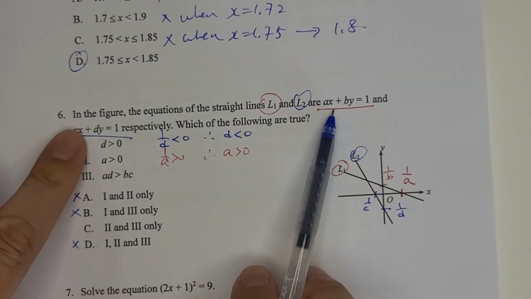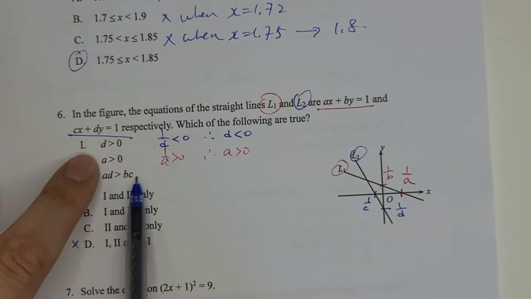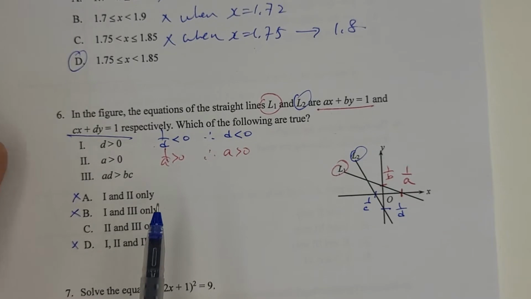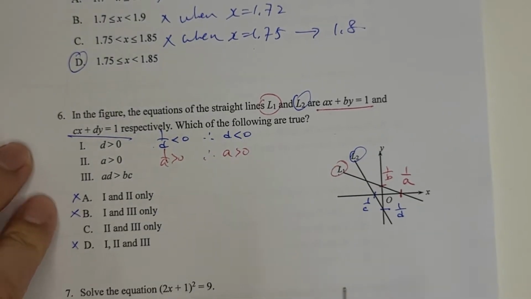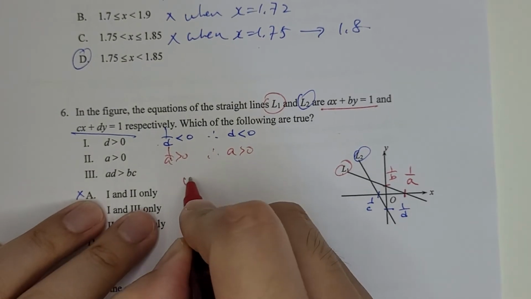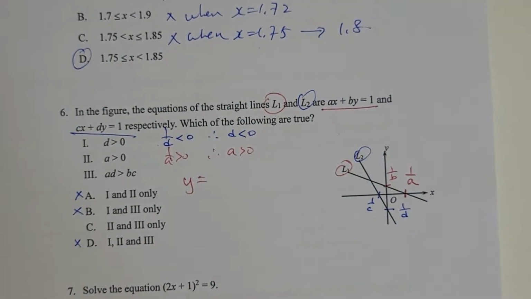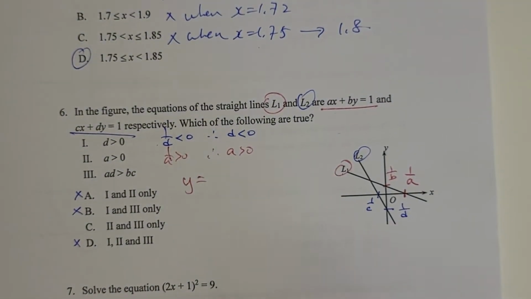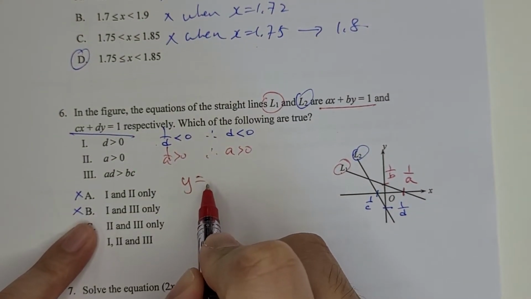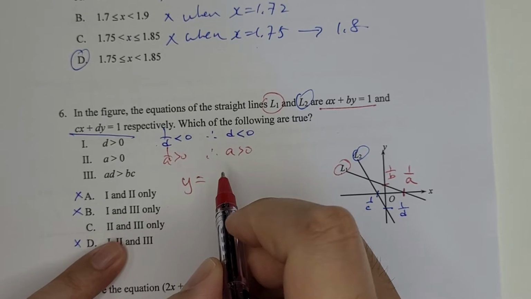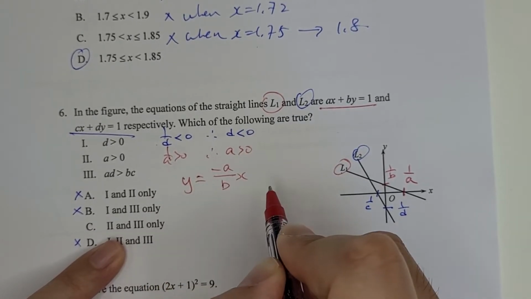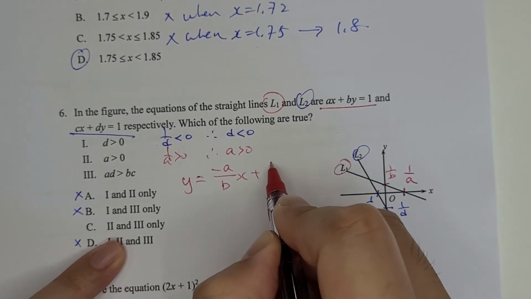You will find that the letters of L1 and L2 are mixed together. That means you may need to compare these two straight lines. The usual technique is to make these two straight lines in slope-intercept form, that's the format y equals mx plus c. So y could be written as negative a over b times x plus 1 over b.